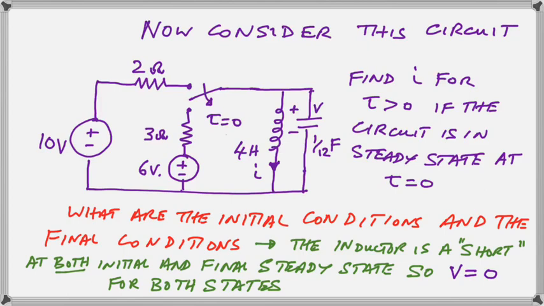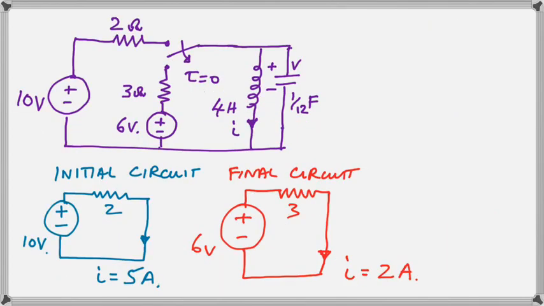So the coil in DC conditions, steady state, is actually shorting out the capacitor, and we replace it with just a piece of wire to draw two circuits, one for each of the sources with its attendant resistor.